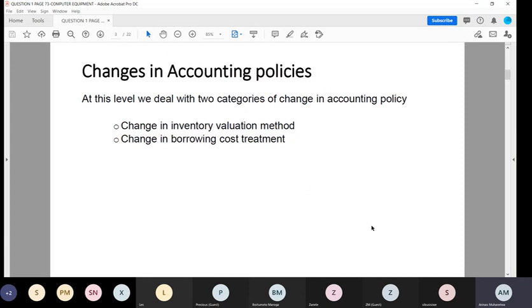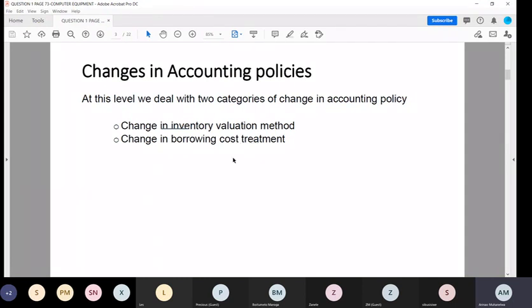All right. Let's proceed. So again, while we're still recapping what we did on Monday, I've indicated that at this level or during this semester, when it comes to changing accounting policy, the focus will be on 2 categories, which is change in inventory valuation method, which we just did on Monday, as well as change in borrowing cost treatment.